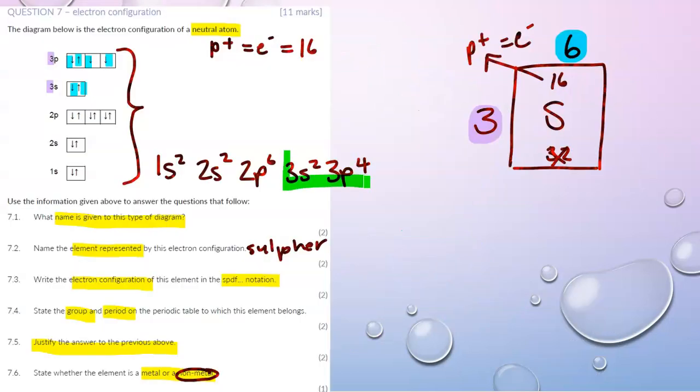The outside energy shell, which I made green, those are the ones that she can play with. These are your valence electrons, and that's the number 6 that we had there. All the other electrons are inside the inner shells of the atom, and those will not be shared.